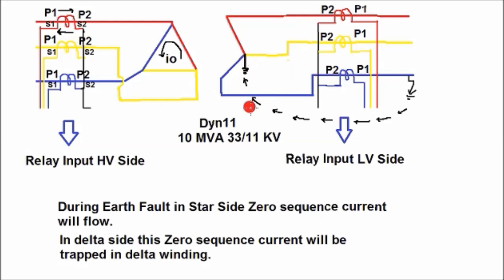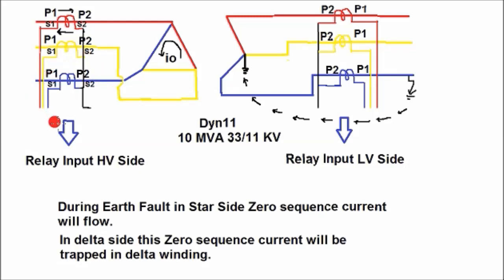Since the earth fault occurs in the LV side, a zero sequence current will flow. But zero sequence current is co-phasor in nature. This will be trapped in the delta winding, and it will not flow in the line side of the delta winding. So this zero sequence current does not flow in the line side CT, which is connected for the relay input in the differential relay.